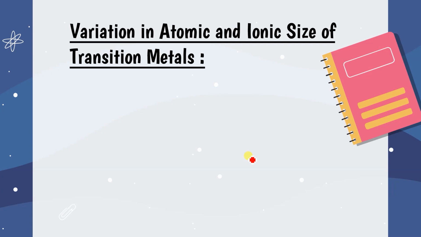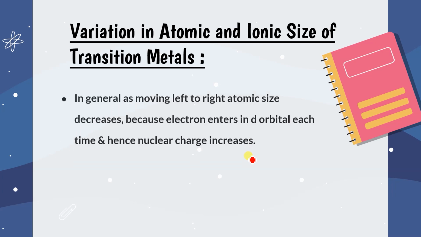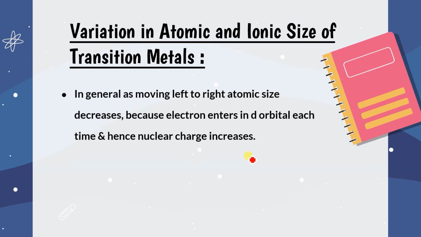This is the general trend. But for the transition elements, transition metals, there are some exceptions, so we have to study that also. In general, moving left to right, atomic size decreases because an electron enters the d orbital each time, and hence nuclear charge increases. The outermost electron will feel more contracted towards the nucleus, and hence the atomic size decreases.